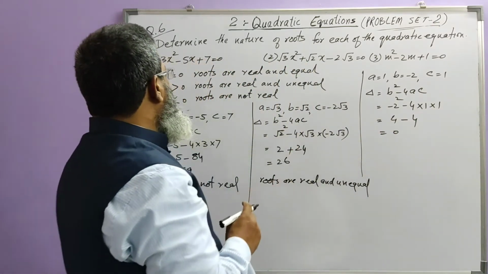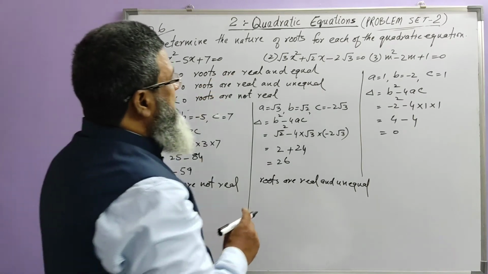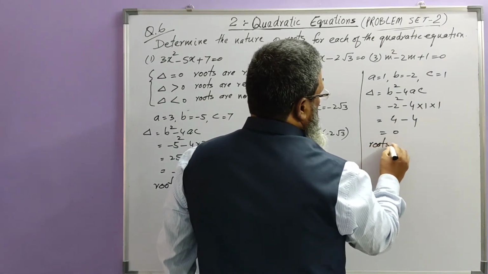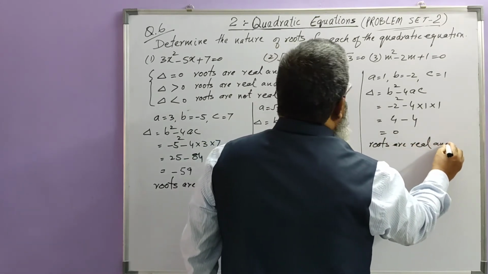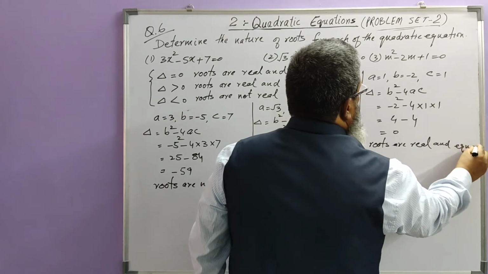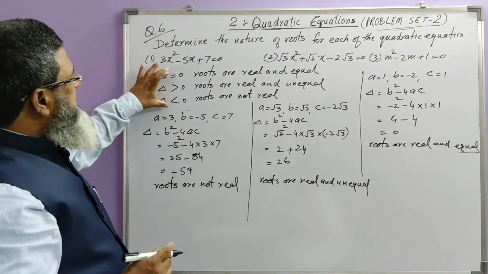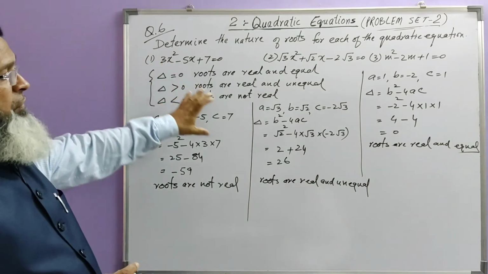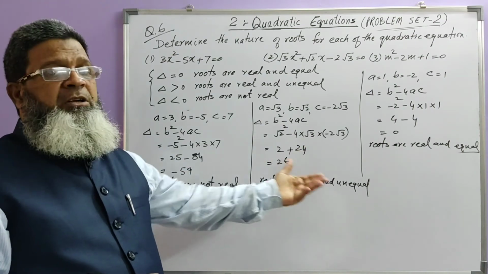If delta is equal to 0, see the checklist: delta is equal to 0, then roots are real and equal. So in this question you have to remember these three values of delta and you have to find delta, that is b square minus 4ac, then you will get the nature of the roots.